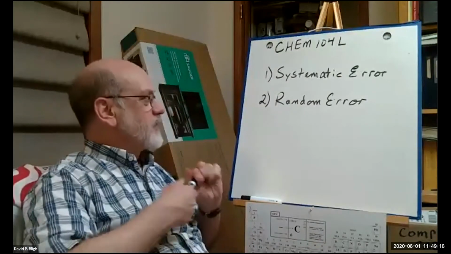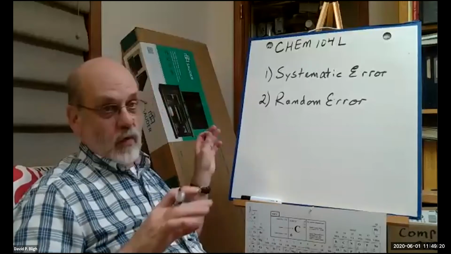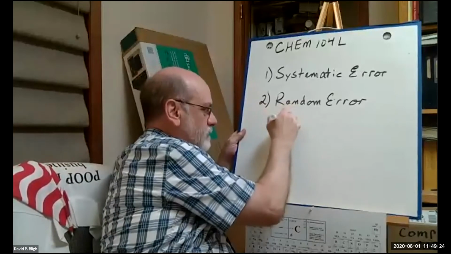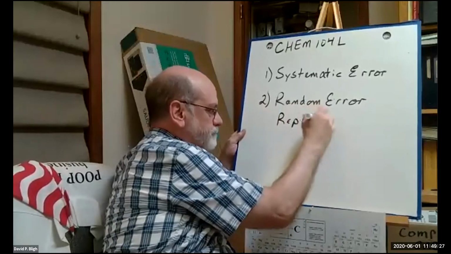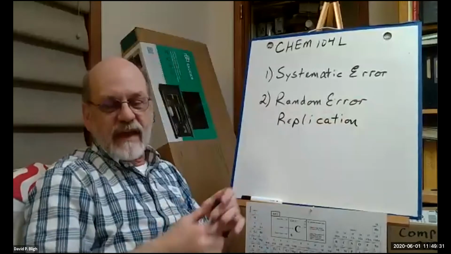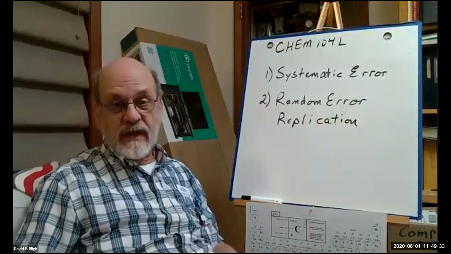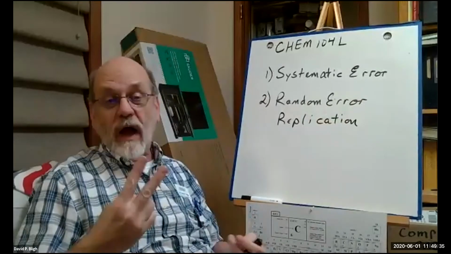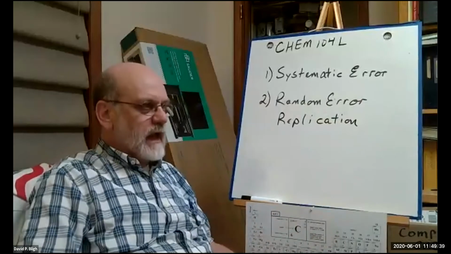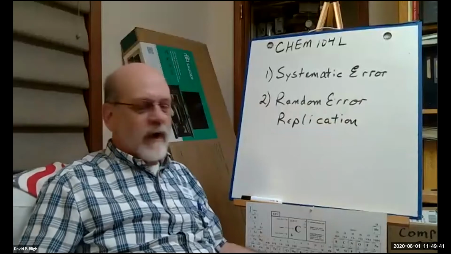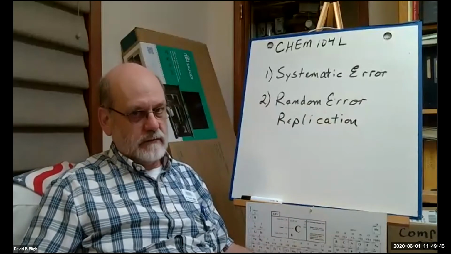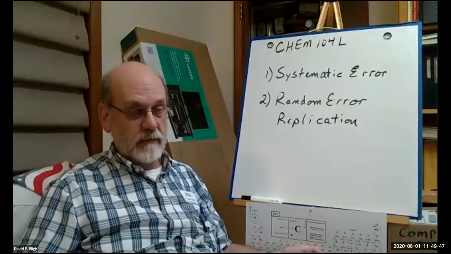So the way you correct for random error, since you don't know what it is or how big it is, is replication. We replicate the experiment, which just means, duplicate means you do it twice. Replicate means 3 or more times.